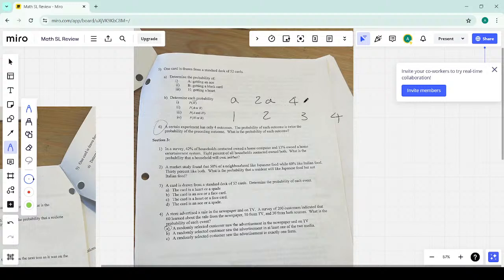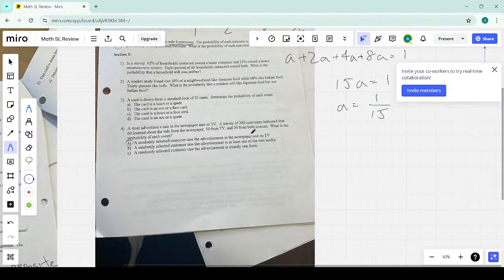Next one would be 4A and 8A. So as with all probability questions, since they told you that this thing only has 4 outcomes, we know that if we were to add up all the probabilities, it has to sum to 1. So this gives 15A equals 1, and A equals 1 over 15. So you can calculate each of the outcomes from that.